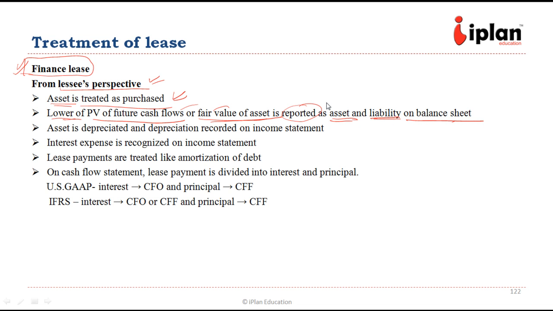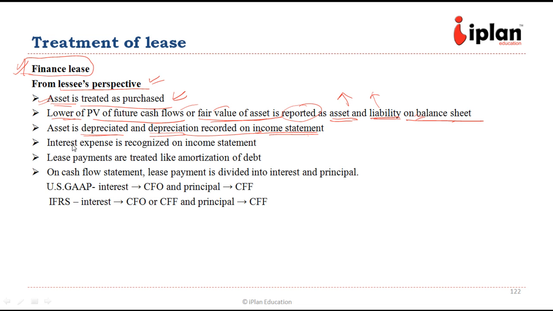Since it is a finance lease, the liability and asset are created simultaneously in the balance sheet. Then the asset is depreciated and the depreciation goes to the income statement. So it is being treated as a purchased asset itself.